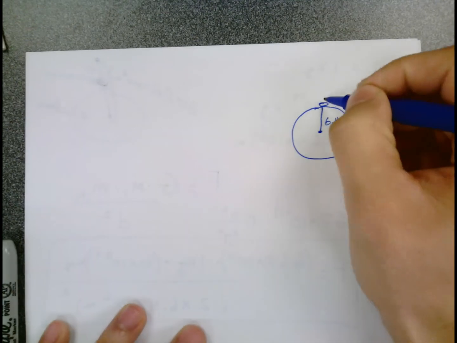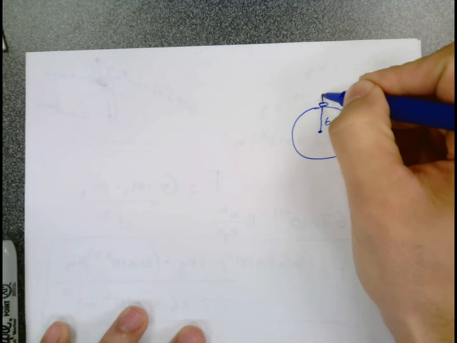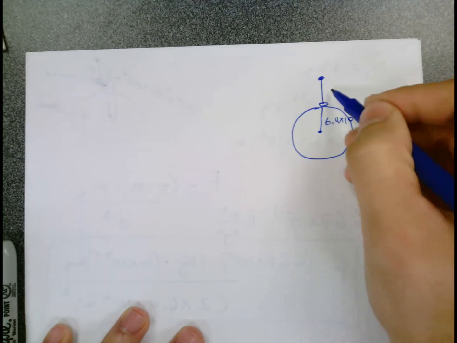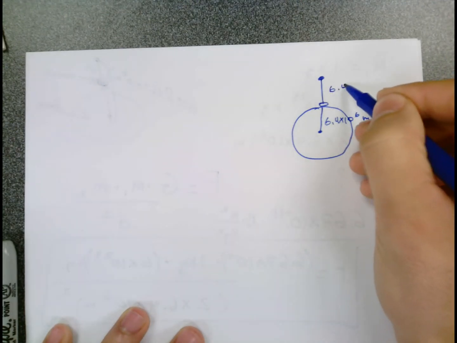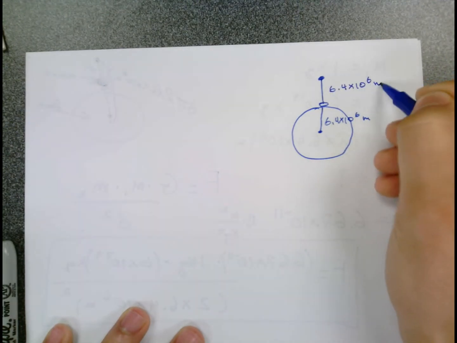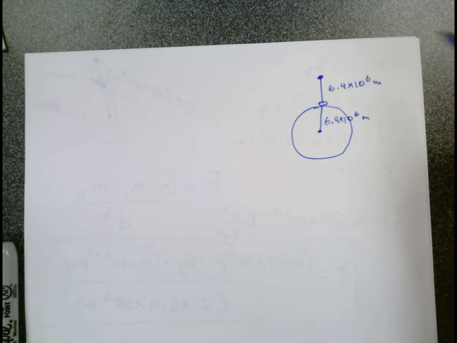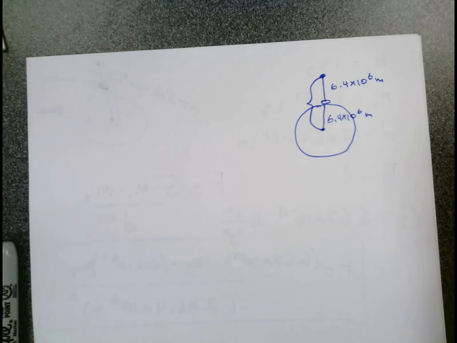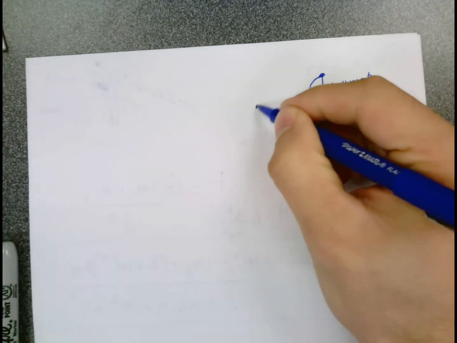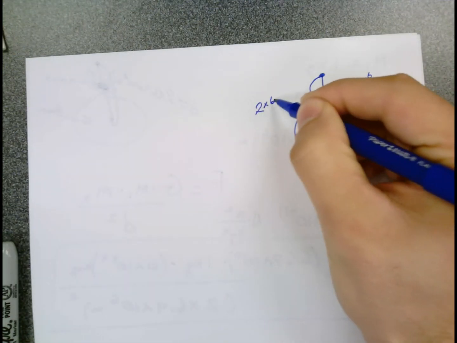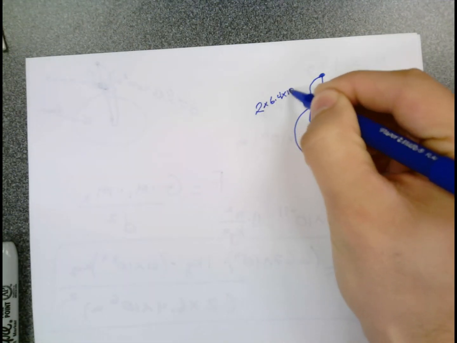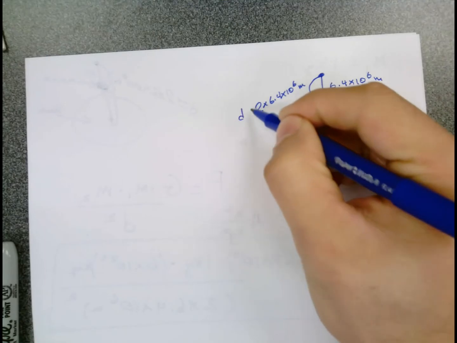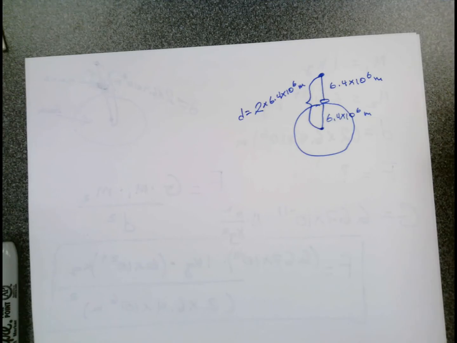What if we raise that object to say maybe there is a really, really big mountain that were another 6.4 times 10 to the 6 meters above the Earth's surface? So in total, this distance would have to be 2 times 6.4 times 10 to the 6 meters from the center. So that'll be our new distance.